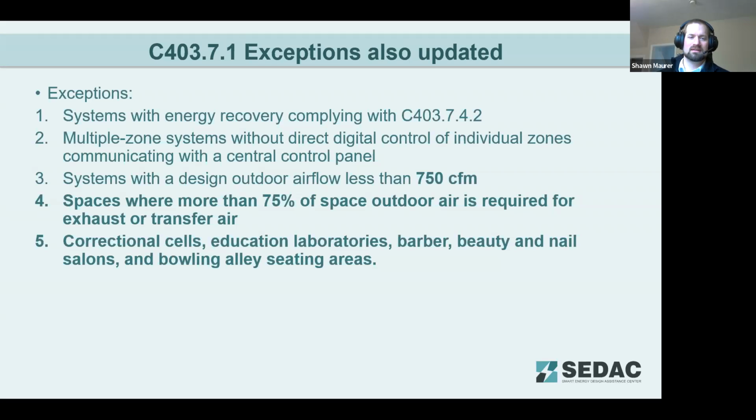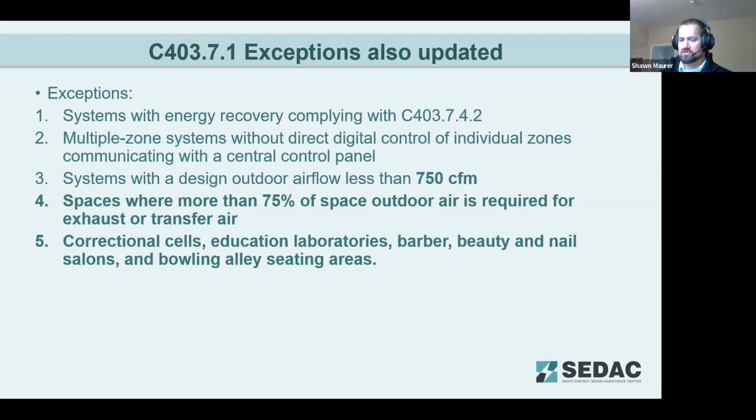Spaces where more than 75% of the space outdoor air is required for exhaust or transfer air, where that air is either exhausted or transferred from that space with the makeup air coming in. In the 2018 IECC, there was an exception for spaces that required ventilation for process equipment.